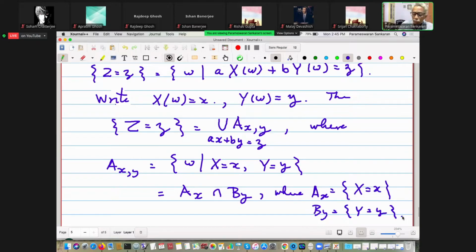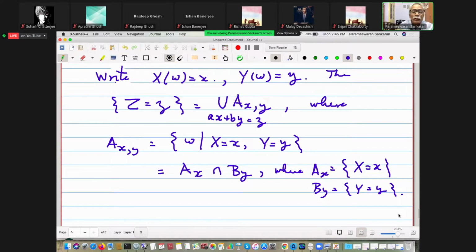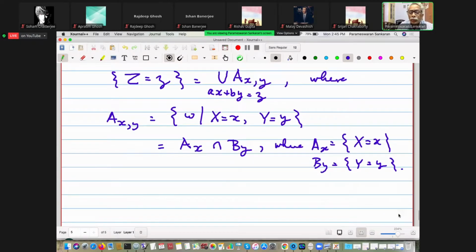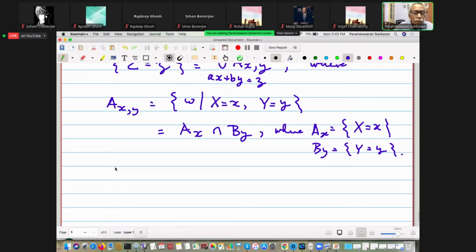So you have broken down the various components into pieces that we understand, which involve only individual random variables, capital X and capital Y. Okay? How does it help? So now you go back and start computing and we will see.